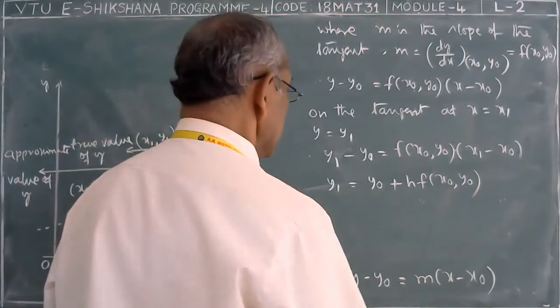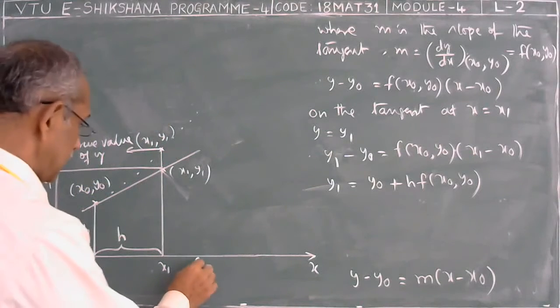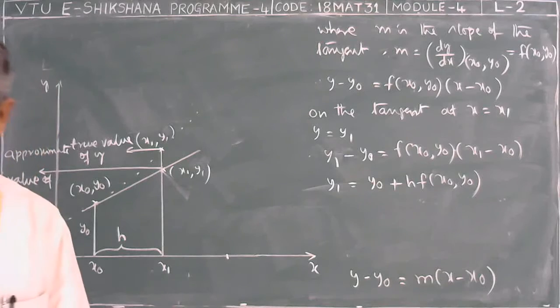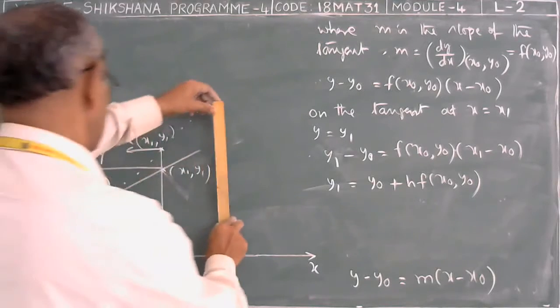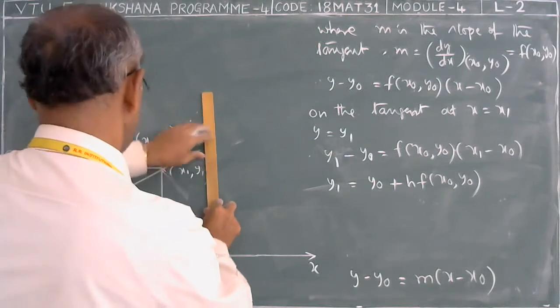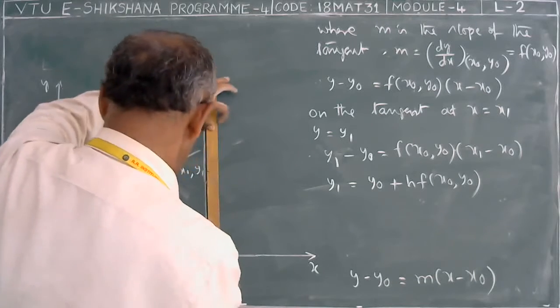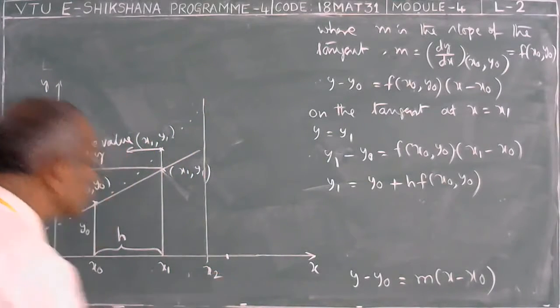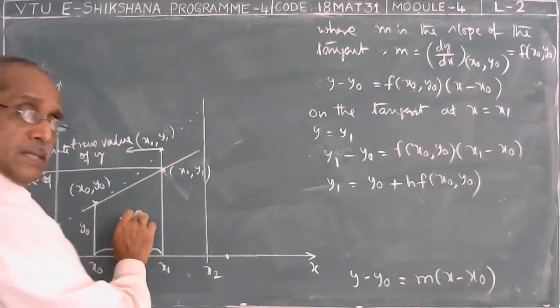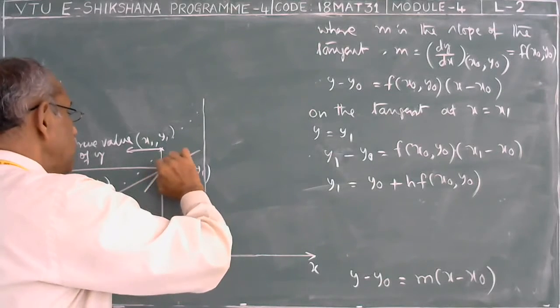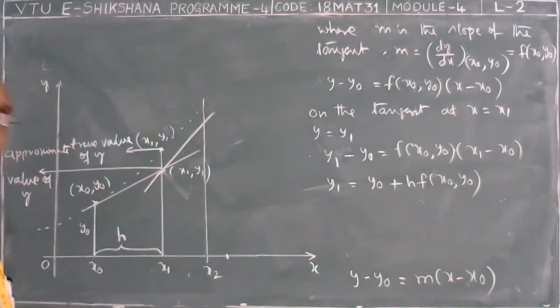Now similarly, if you want to find the value of y at equidistant x is equal to x2, we draw a line through x1, y1 with the slope f of x1 comma y1 and calculate the next approximate value of y at x is equal to x2, and so on.